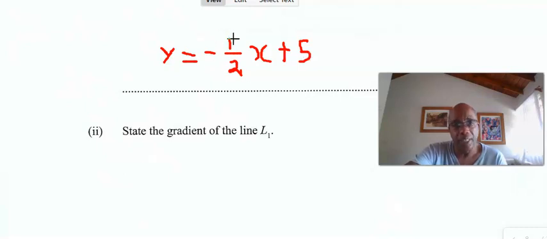The coefficient of x represents the gradient of the line, since the equation is written in the form y equals mx plus c, where m is the gradient. So therefore, the gradient of the line L1 is just negative a half. That's it. Let us move on to part 3.